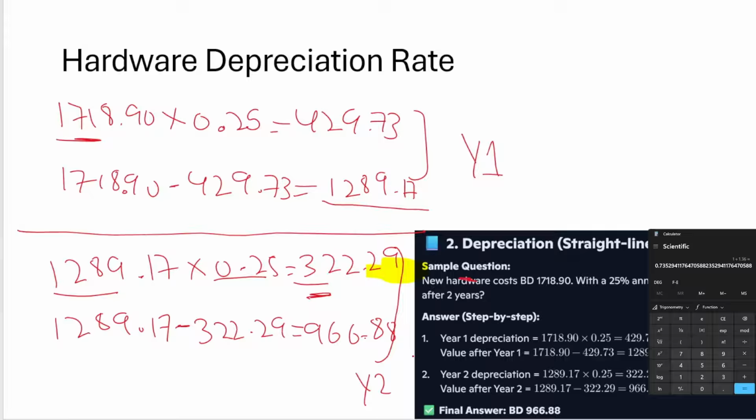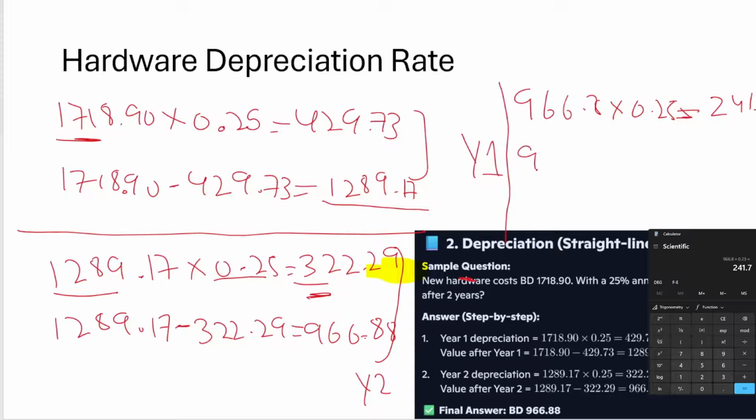Now if you want to do it one more step, you can continue on. So I'm just going to show an example of how we can do it if you want to do it for year 3, for example. We'll take this value, 966.8, multiply it again with 0.25. Let's do it. 966.8 multiplied by 0.25 will give us 241.7.